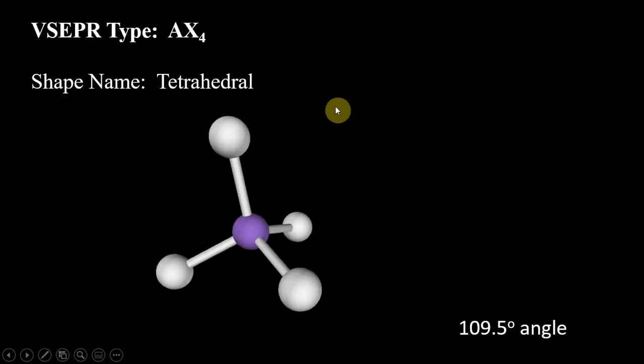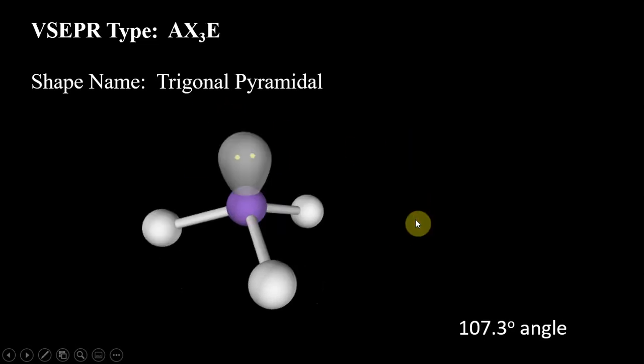The AX4 family is the next one. This is where we have the tetrahedral shape. The bond angles are 109.5 degrees from each other. We're familiar with this one already from grade 11. If we remove one and replace it with a lone pair, we get the trigonal pyramidal shape, AX3E.